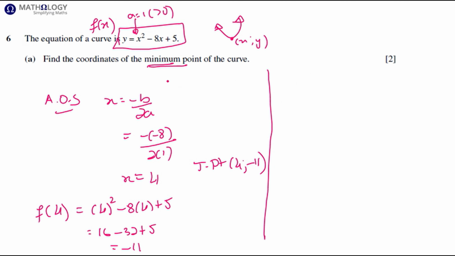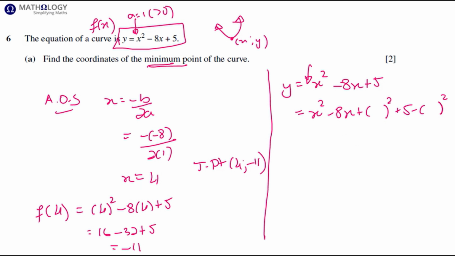Now, to complete the square, get this into turning point form. From standard form, we're going to complete the square. So we're going to add a bracket squared. Whenever completing the square, you always need to ensure that the coefficient of x squared, or the squared term, is always 1, which it is here, so we don't have to do anything there. Then we add a bracket squared and subtract a bracket squared.